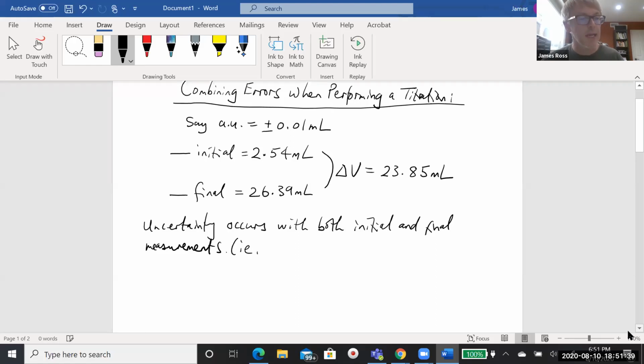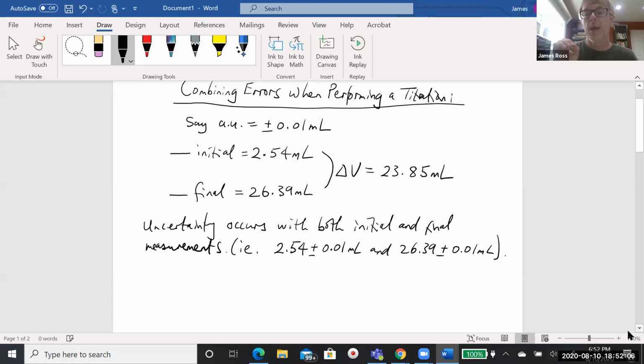In other words, we know that initially we had 2.54 plus or minus the absolute uncertainty, which is 0.01 mL. And we have the final measurement, which is 26.39 plus or minus the absolute uncertainty in that measurement, which was plus or minus 0.01 mL.